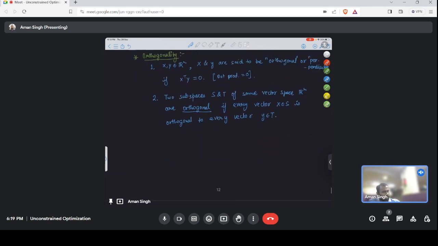Let's see an example of this in R square. Let's say this is R square, and this is one of the subspaces of R square.